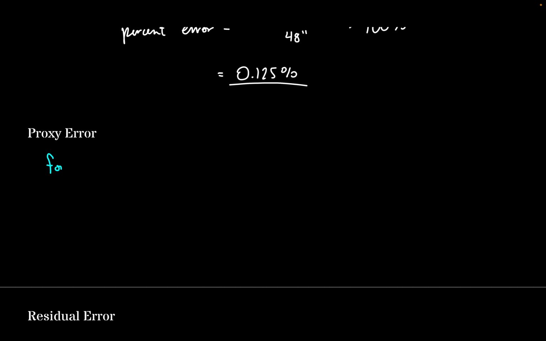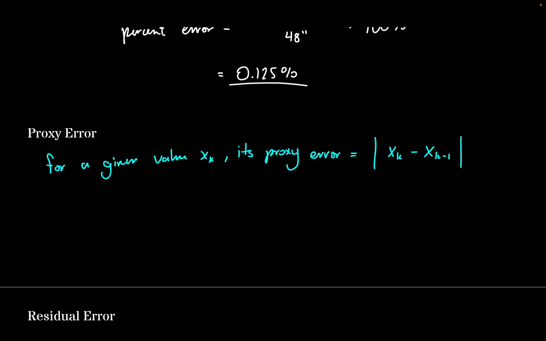For a given value x subscript k, its proxy error is going to be equal to the absolute value of x sub k minus x sub k minus 1. So this essentially says if you had some value of x, let's say 5, and its previous value, x sub k minus 1, was 4, you'd essentially take your difference and then take the absolute value. So then the proxy error would be 1, which is a very bad error.